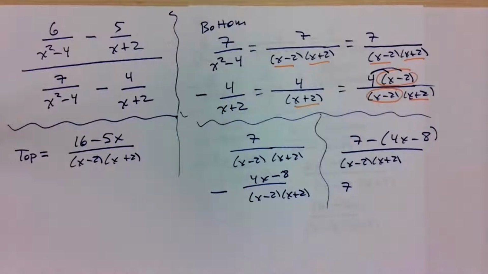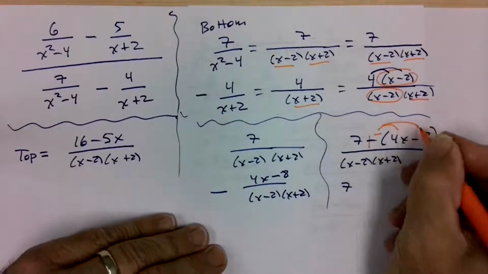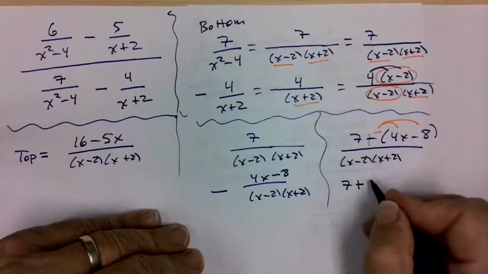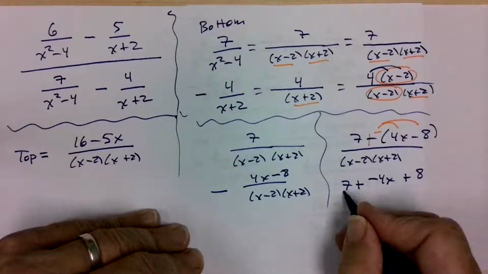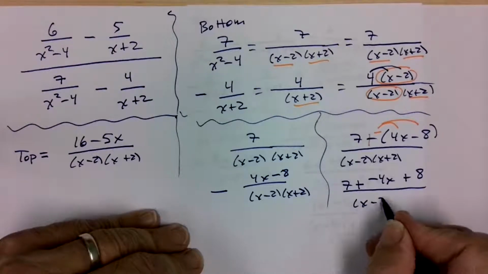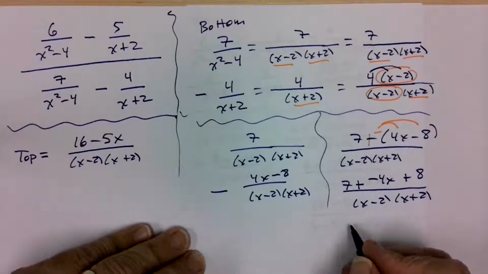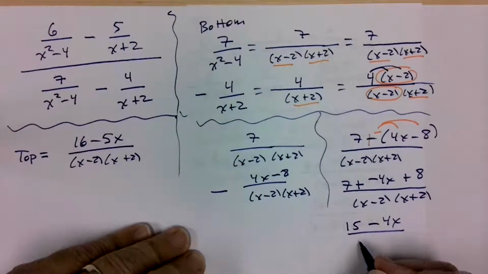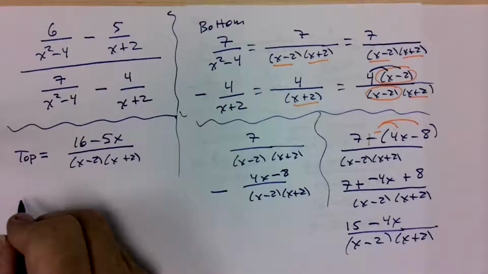Make that minus a plus negative. Plus negative, distribute. 7 plus the negative of 4x is negative 4x. The negative of negative 8 is plus 8 over x minus 2, x plus 2. 7 plus 8 is 15 plus negative 4x, minus 4x over x minus 2, x plus 2. That is the bottom.